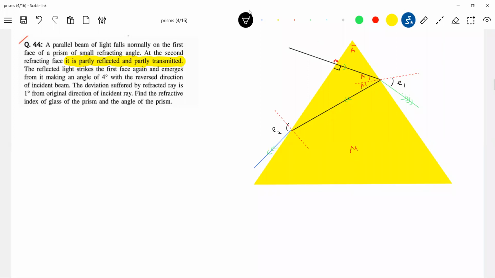This angle will be 90, and let this angle be theta. So theta plus 2A plus 90 should be equal to 180.